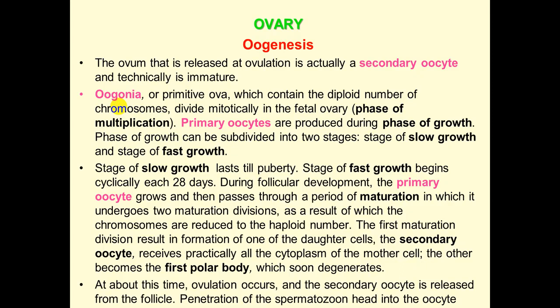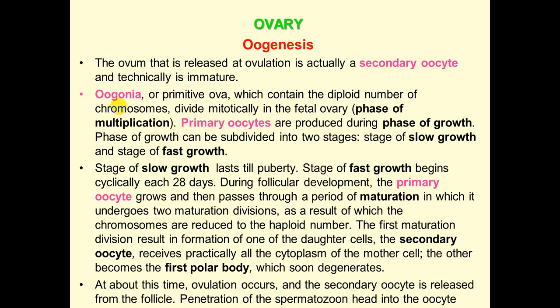Oogonia never leave by themselves; they are usually part of the primordial follicle. Around the oogonia, cuboidal cells of mesenchymal origin from the mesoderm form one layer which rests on the basal lamina.